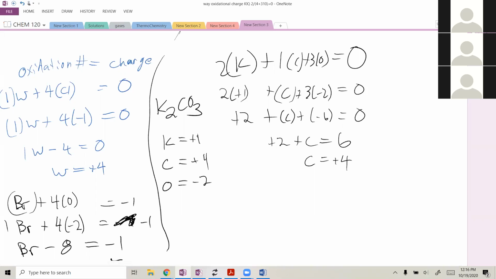So it just depends on which one makes the most sense to you. Generally, if I can find a polyatomic ion that I can see in there, then I use that to break it apart. If I don't, then I have to piece together my other parts. Okay. Any other questions on finding the oxidation numbers?